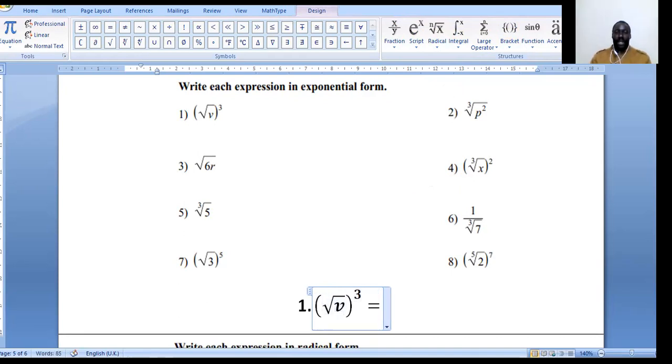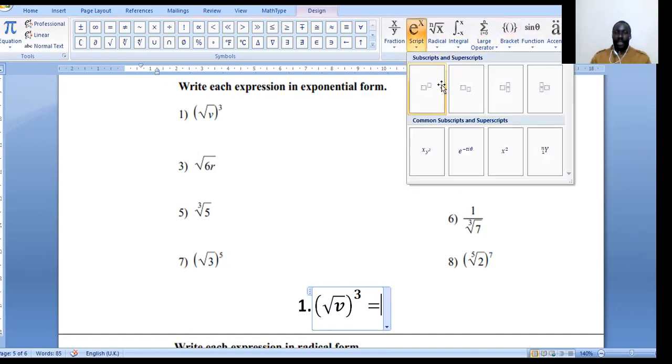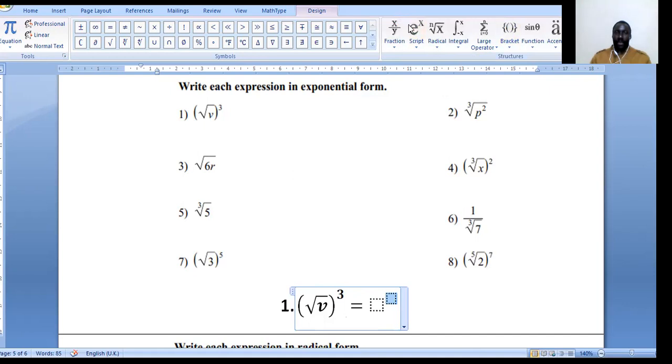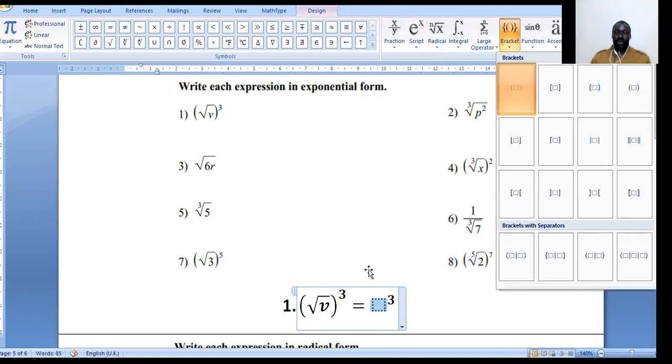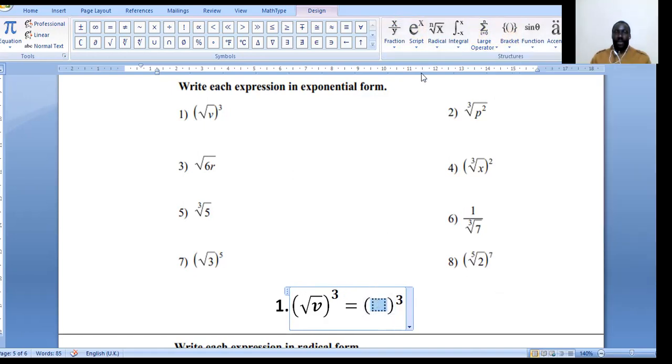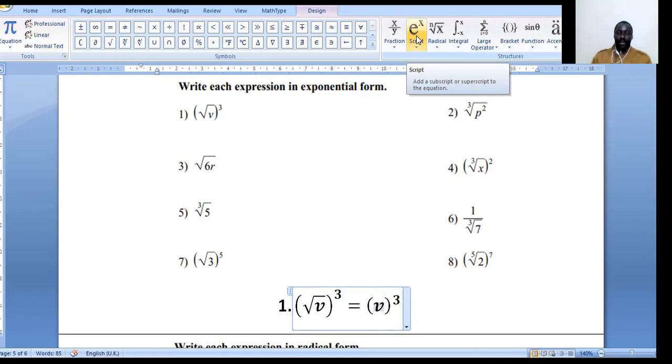Well, we can write this starting with what is inside the bracket first. This can be written as 3 is outside. Now what we have inside the bracket is v raised to power half.